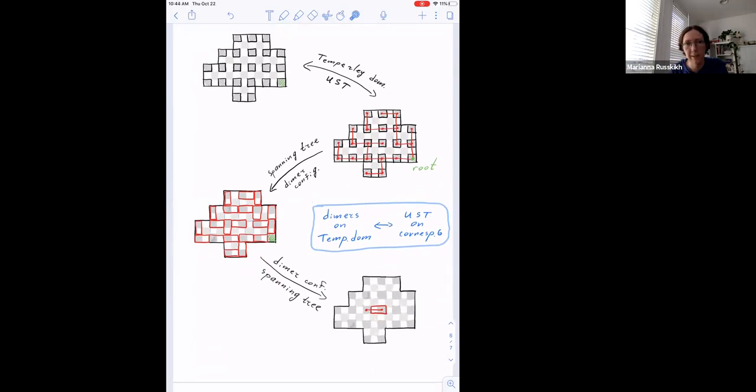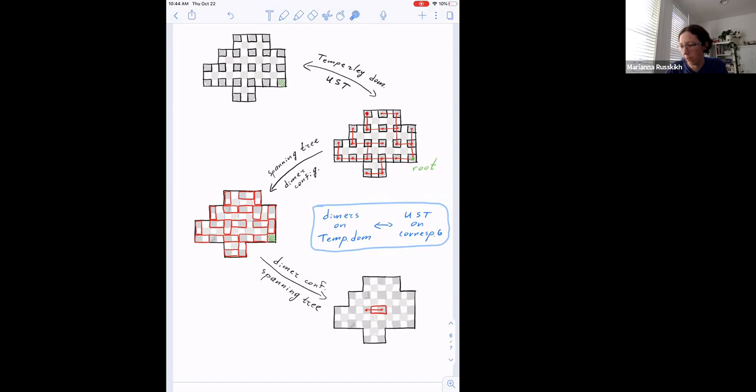Here is another reason why some very nice discrete harmonic functions appear in the case of temperleyan domains. It is known that there is a bijection between dimer configurations on temperleyan domains and uniform spanning trees on corresponding graphs. So here is a picture. Let us consider a graph on the one type of black squares, and here is one spanning tree on such a graph. Then I hope it's clear from the picture how to construct from a spanning tree the corresponding dimer configuration.